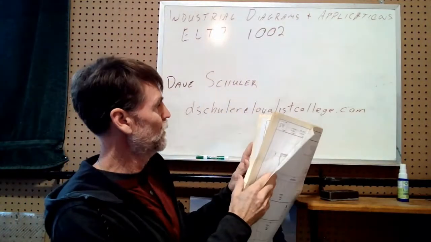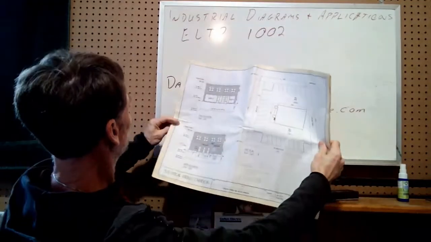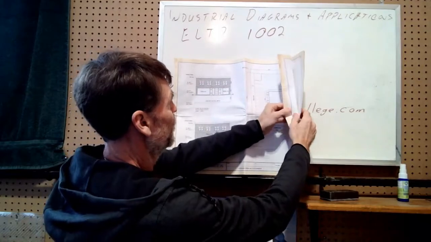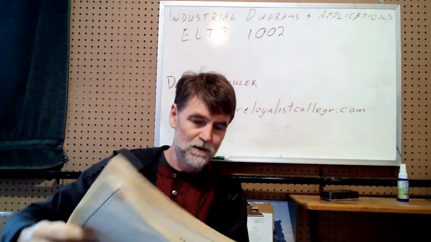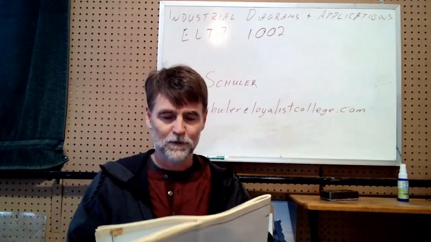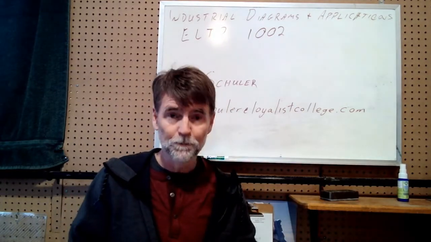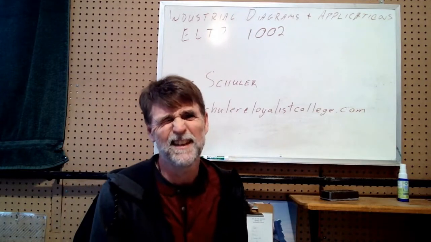Then I took the whole bundle and put staples down the left hand side so that it opens like a book, so that the whole set of prints are managed in a nice, convenient way. Now that takes a little bit of time and effort. You may not want to do that, but it's just an option, a suggestion that I give you for managing the prints.